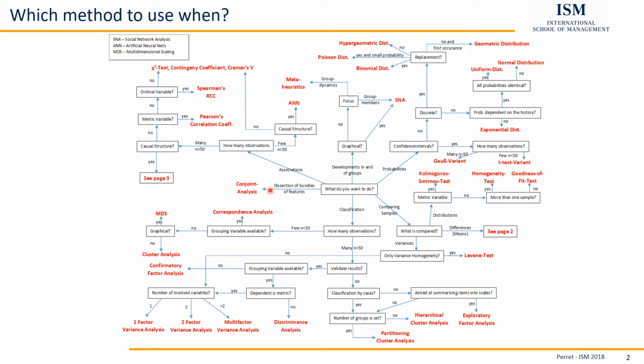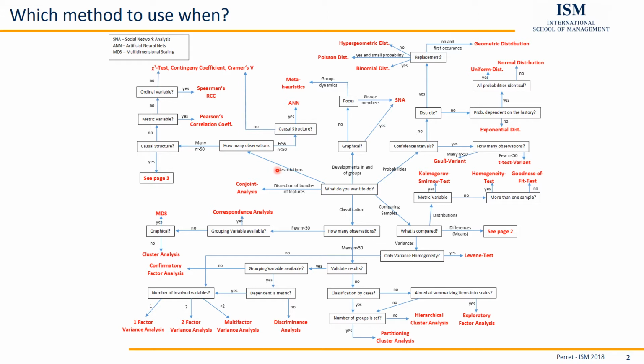So let's switch to the next part, which is here the part association. Whenever you're interested in getting the association, the strength of the relationship between, usually 2 variables, but it could also be more, then the first question you should ask yourself: how many observations do I have?